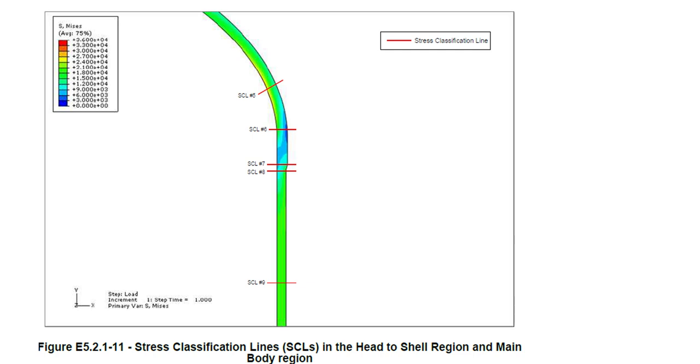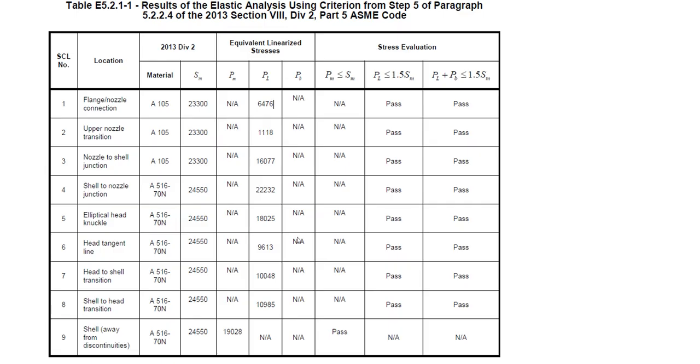So these are the stress classification lines, and this is the table which shows all eight SCL numbers, their location, the respective material allowable, and the primary membrane, local membrane, and bending stresses.